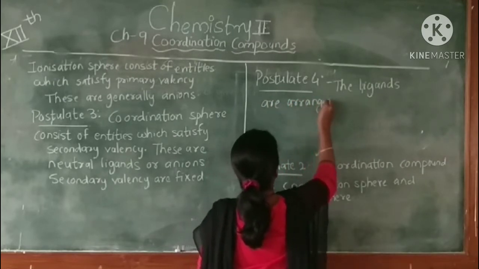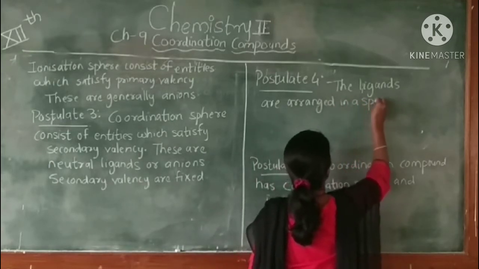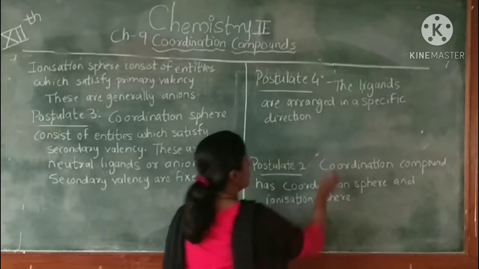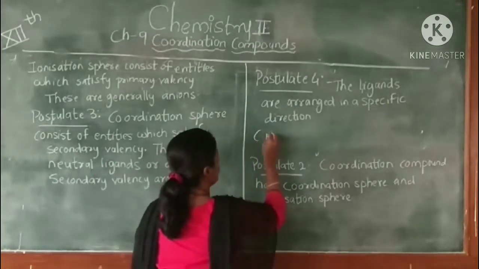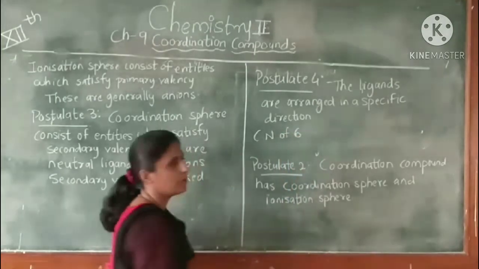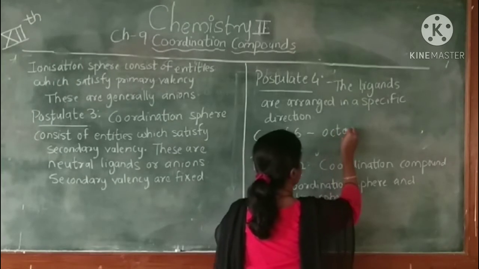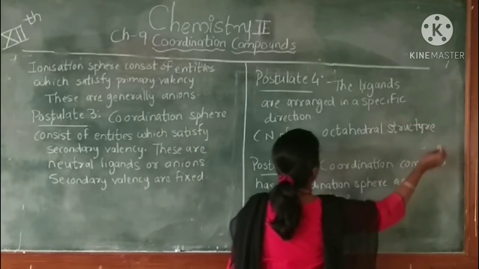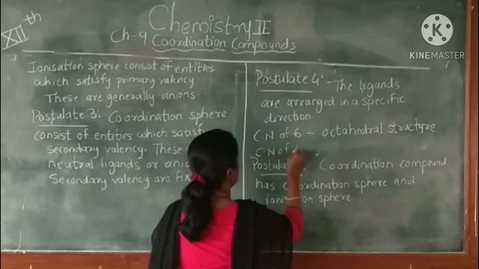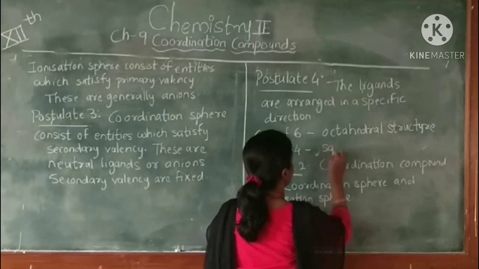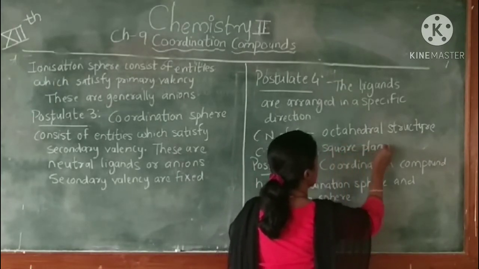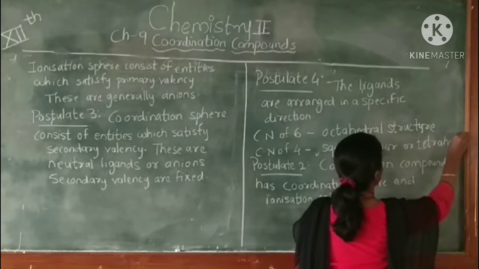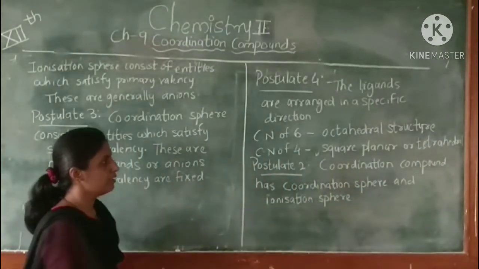So metals with a coordination number of 6 show octahedral structure, and metals with coordination number 4 have square planar or tetrahedral structure.